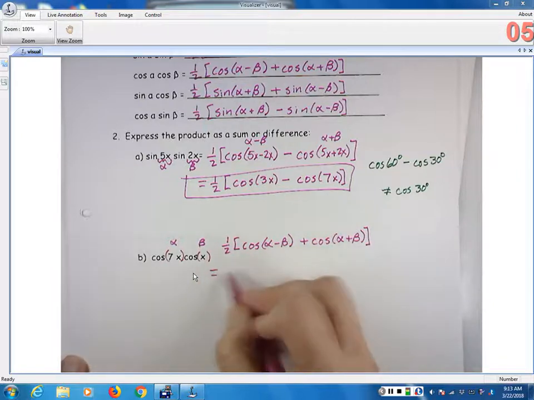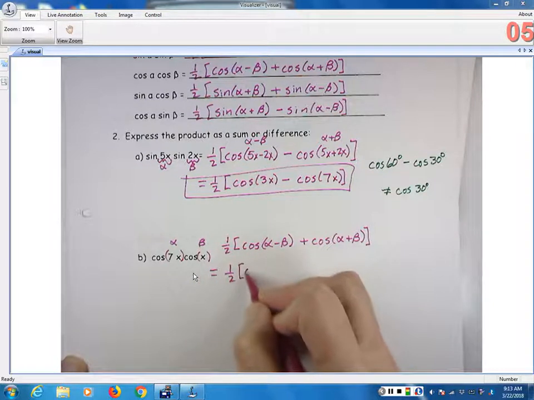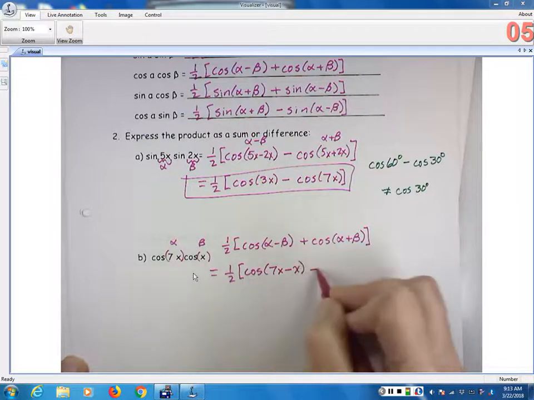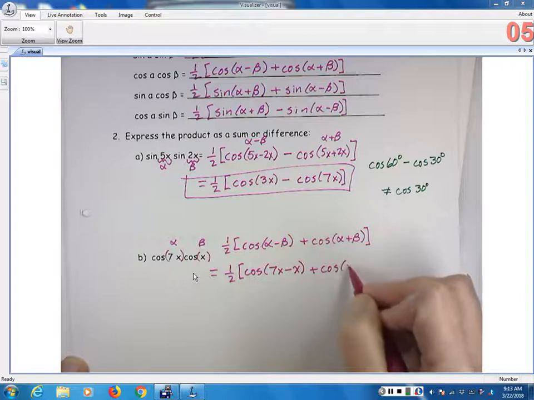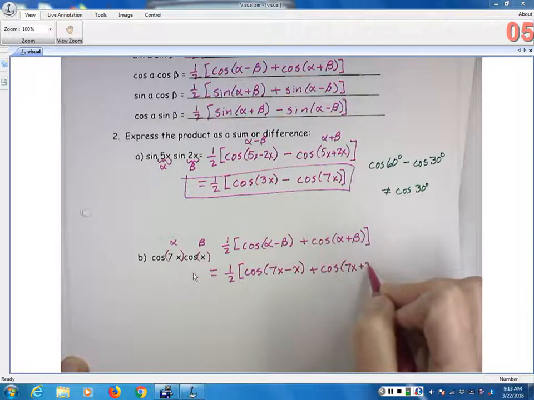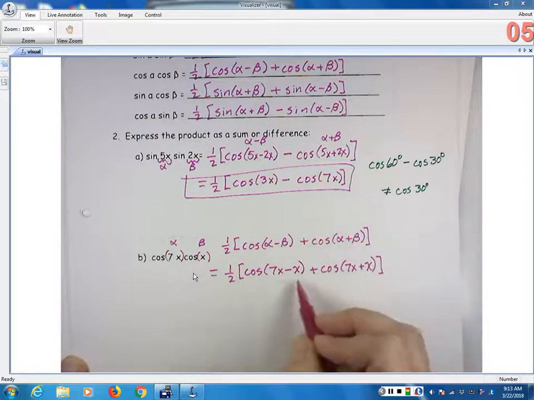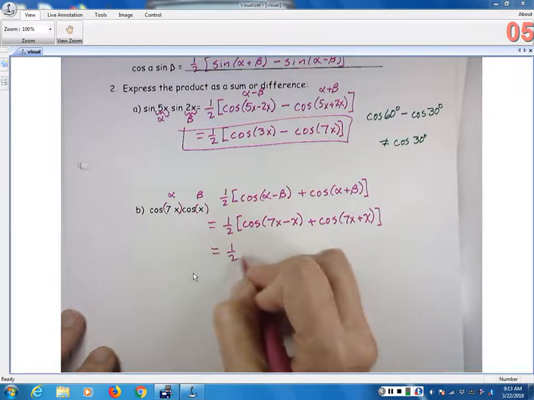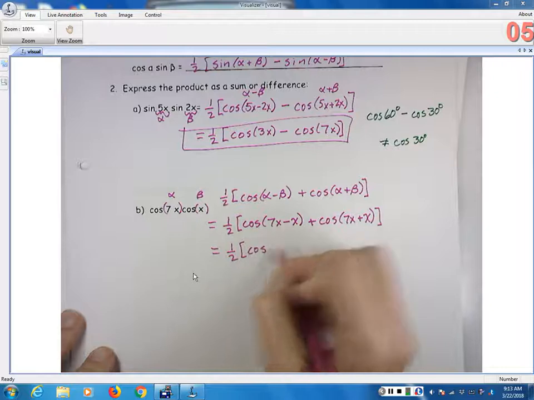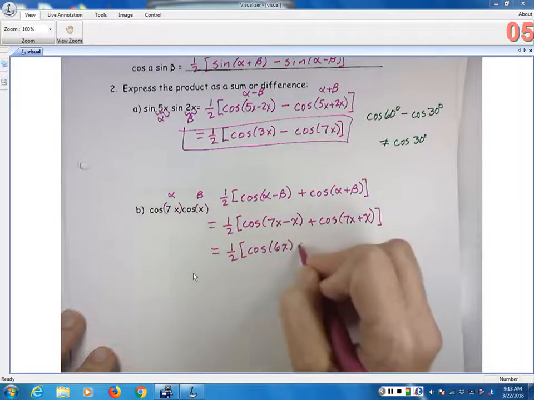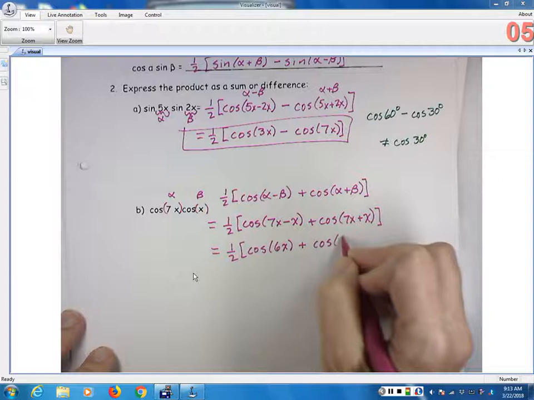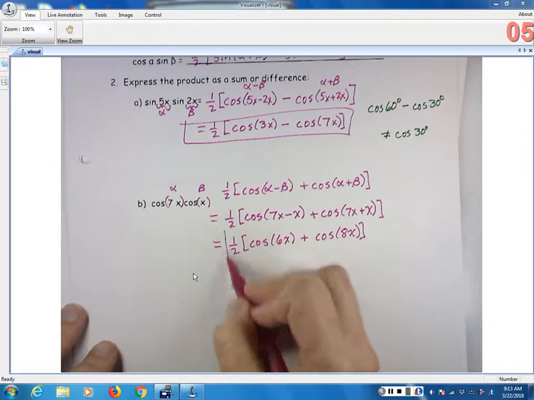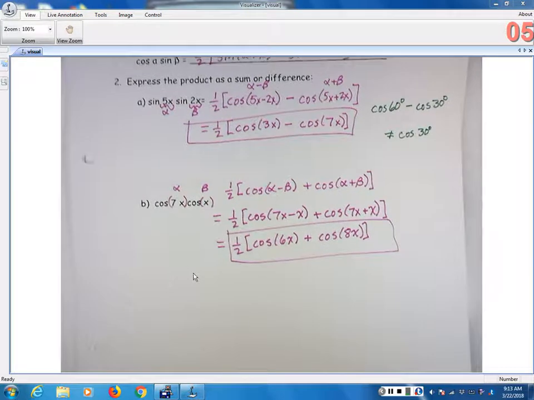So this is going to be 1/2 cosine of 7x minus x plus cosine of 7x plus x. Now you do combine your terms inside the parentheses, and you get 1/2 cosine 6x plus cosine 8x. And that's your answer. That's as far as you can go.